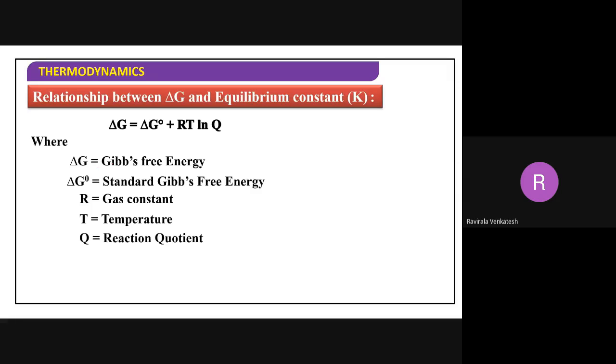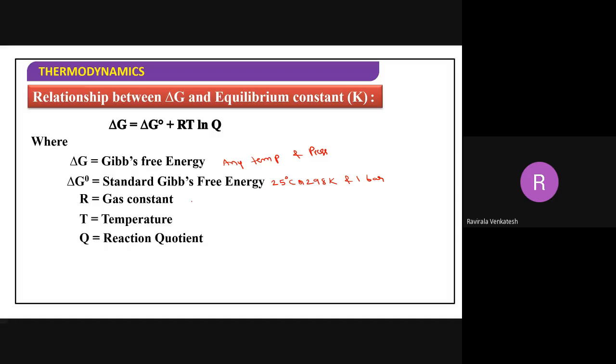This formula. See, delta G is the Gibbs free energy. What is delta G naught? This is at any given temperature and pressure. But this one is at 25 degrees Celsius or 298 Kelvin temperature and 1 bar pressure, and then it is called standard Gibbs free energy.